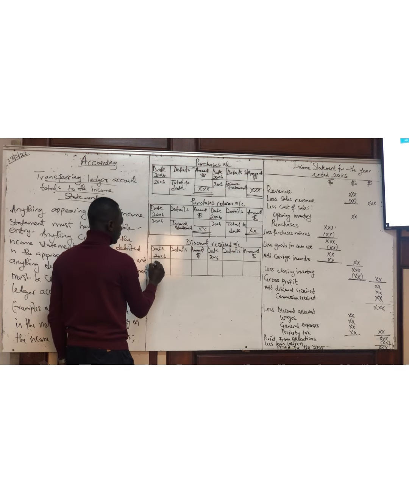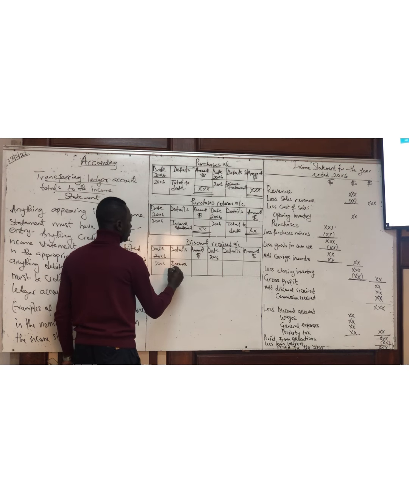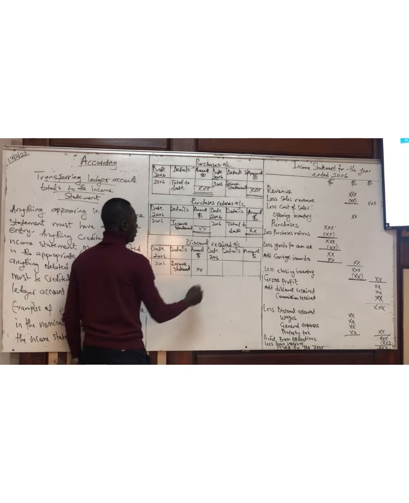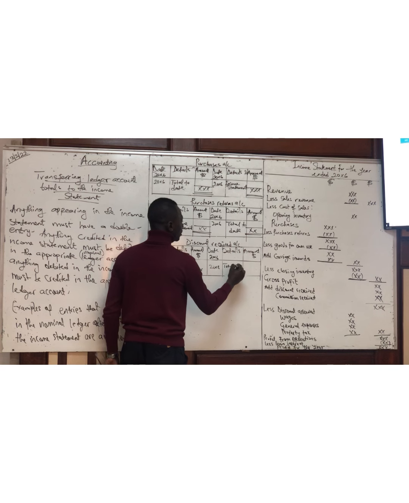We have this is income statement. Then 20x6 total to date.